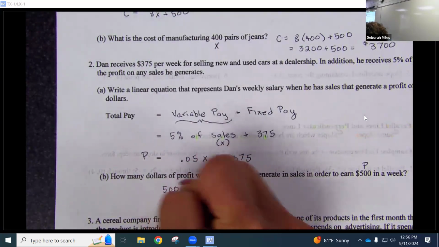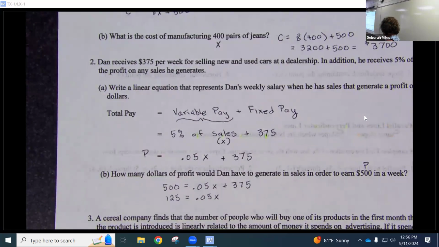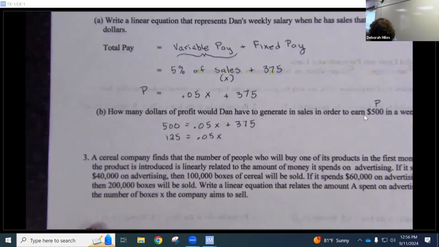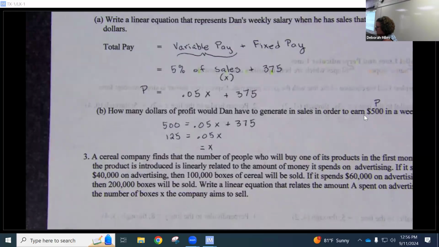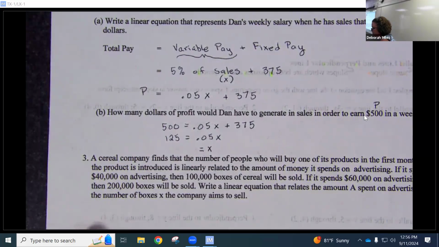Subtract $375. And then divide by 0.05. Oh, this is embarrassing. I'm just drawing a blank there.